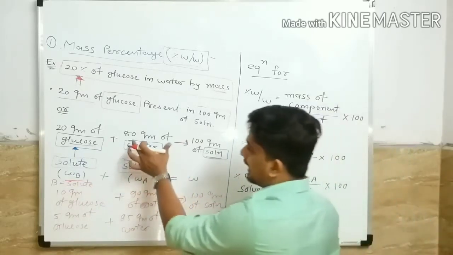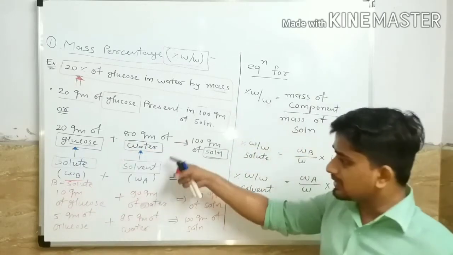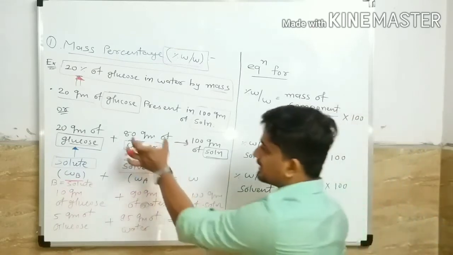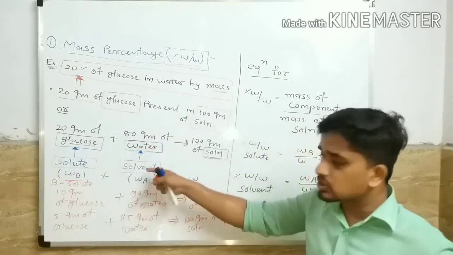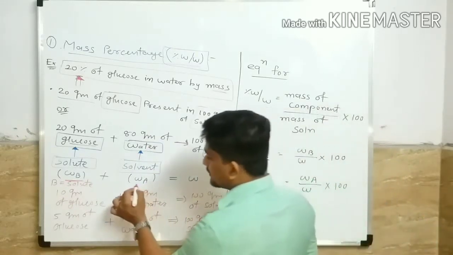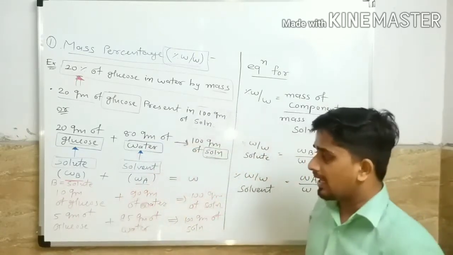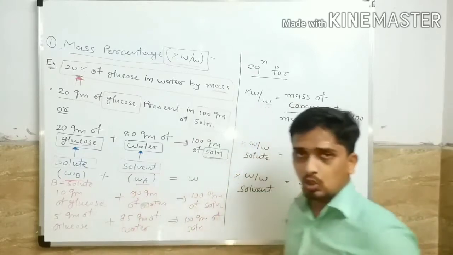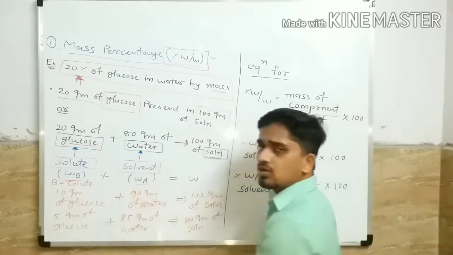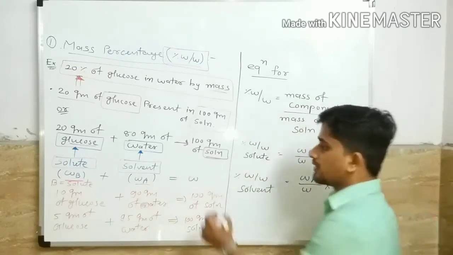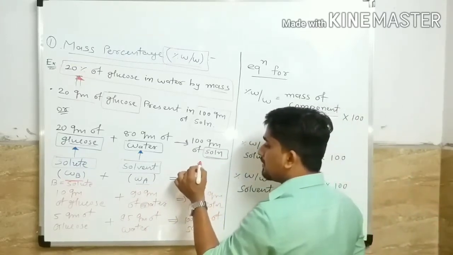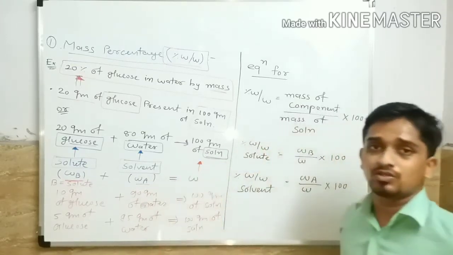Same way, 80 gram of water, where water is solvent. So here 80 gram is the mass of a solvent, which we are going to represent by WA, where A stands for solvent, and you get 100 gram of solution. So here you get the mass of a solution also.